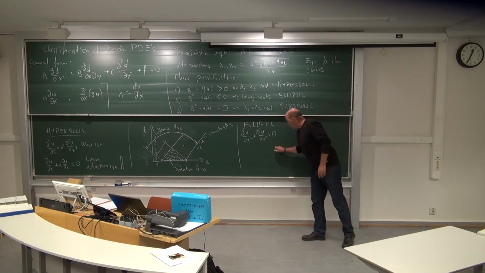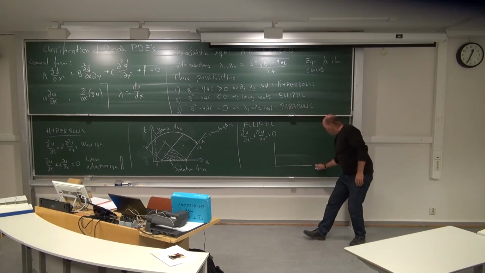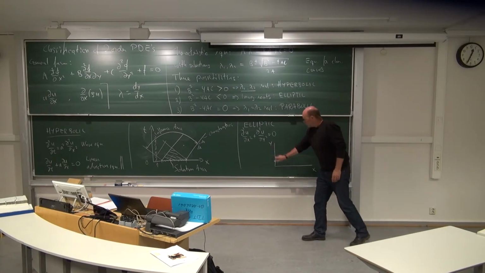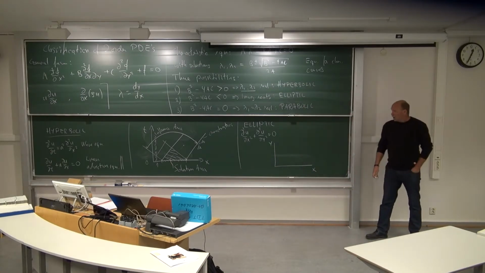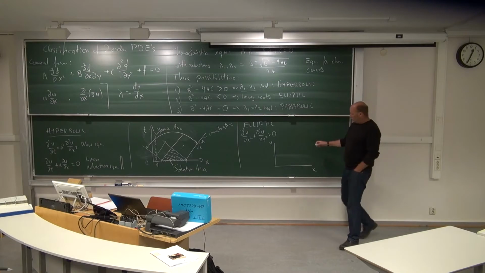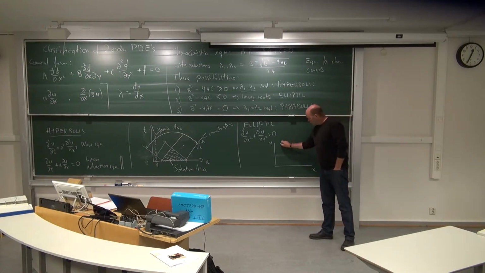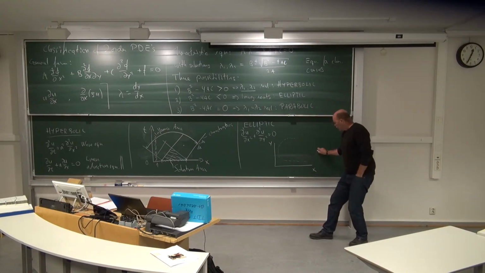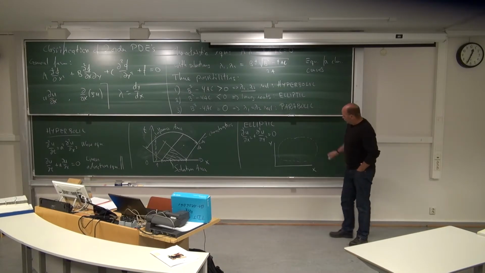So how do we find a solution? Well, if you have a region in space, then you are going to need boundary conditions all around your domain. So here you have your boundary conditions.